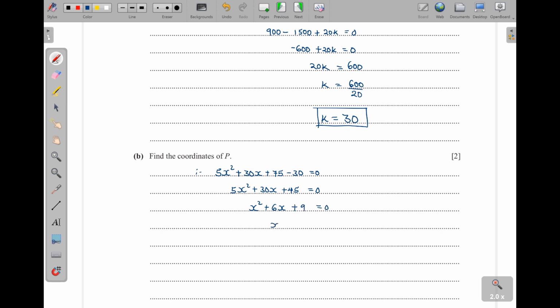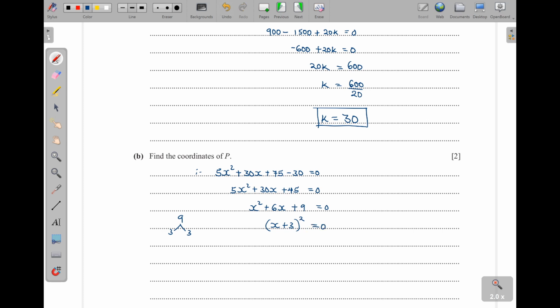This one is the same as x plus 3 squared. Okay? Because two numbers, when you multiply them, they give you 9, but when you add them, they give you 6. That is a 3 and a 3. So it's like we are having x plus 3, like that. You see? So I'll just say x plus 3 squared, which is equal to 0.